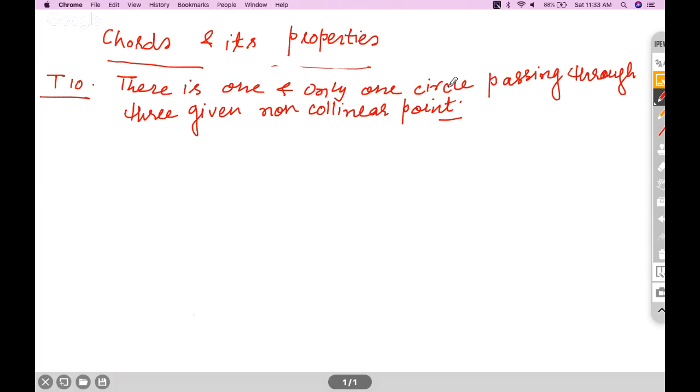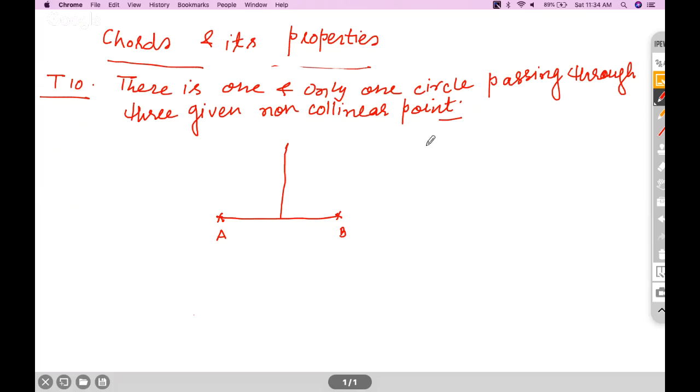So to solve this particular theorem, you need to realize one thing, and that I'll discuss now. Please understand it. Suppose these are the 2 points AB and CD, and I'm drawing a perpendicular bisector like this.